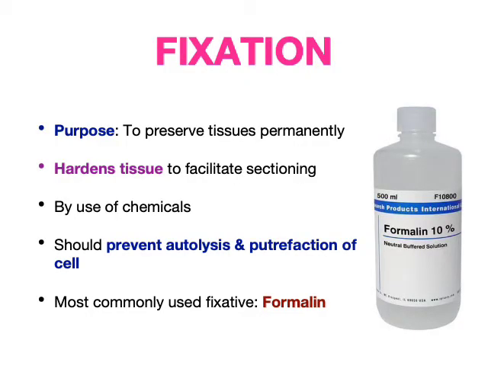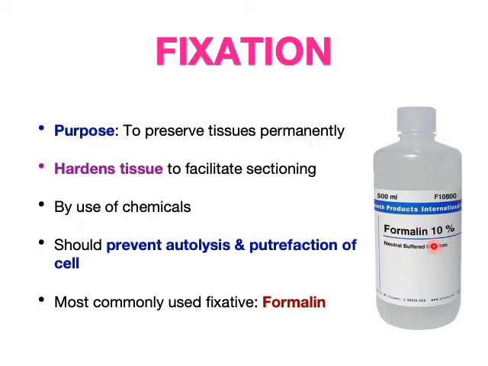Why should we fix the tissue? The purpose is to preserve the tissues permanently, in as lifelike a condition as possible. So we can maintain the lifelike state by preserving the tissues permanently. What is the purpose of the fixative?